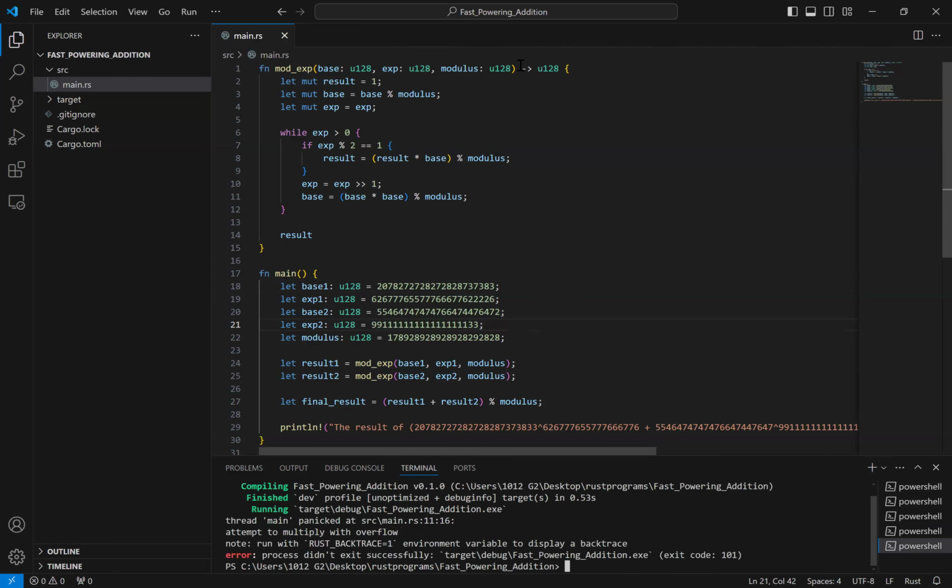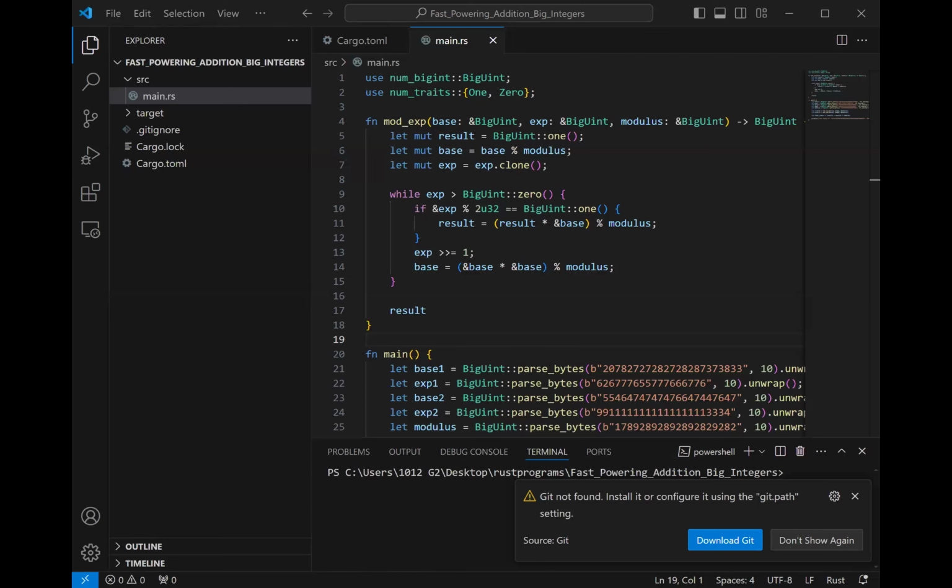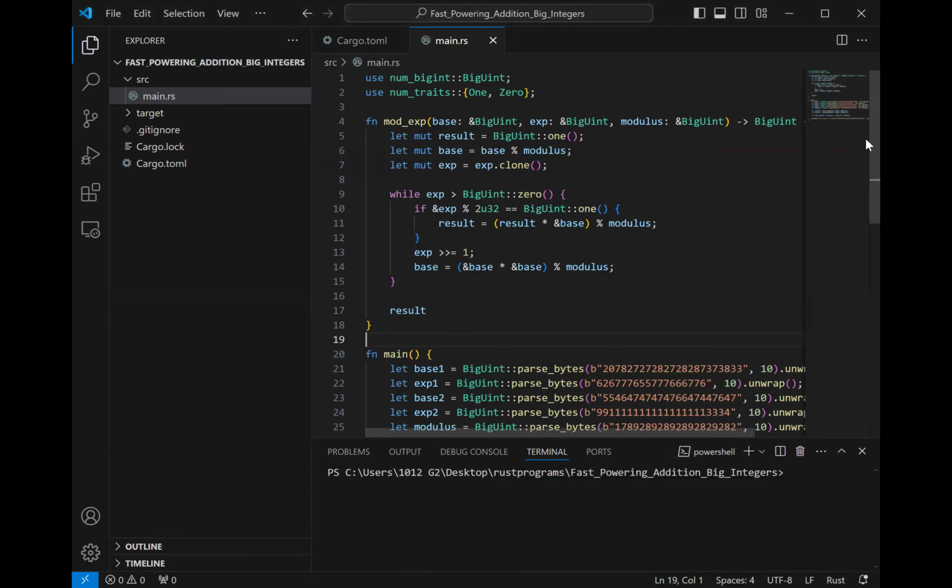Okay, let me now share the one where I've changed the U128 to BigUint. You can see it? Yes. So this time we want to use BigUint.